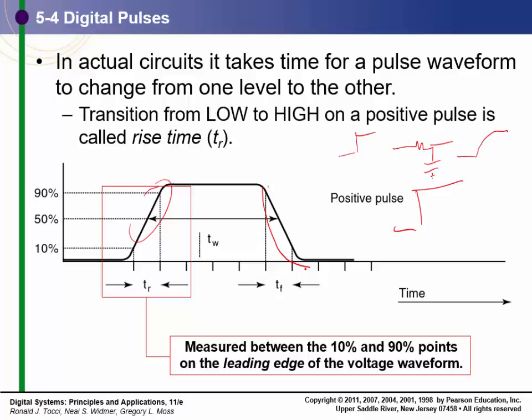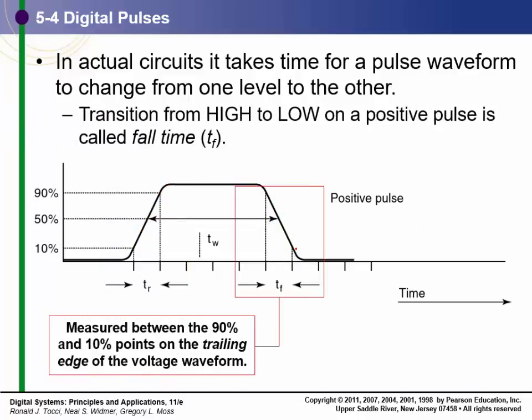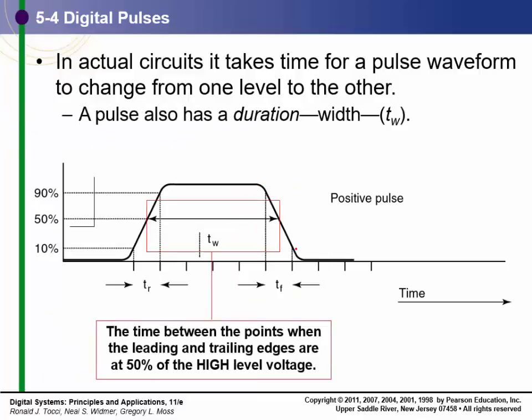Rise and fall times are based between 10 and 90%, and the pulse width is based on the 50 to 50%. Rise time from 10% to 90%. Fall time from 90% down to 10%. These are just definitions, and we have our duration.